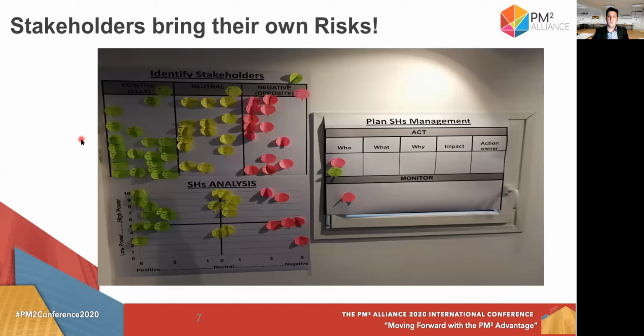That's why during my workshops, I start with the identification of the stakeholders, the stakeholder analysis, and also how to plan the stakeholder engagement, how to manage them. And you can see here on the slide, we are identifying the stakeholders as positive, negative, or neutral, using post-its of different colors. Then we analyze them according to the power and the interest they have: the power to influence our project, and the interest to use that power.